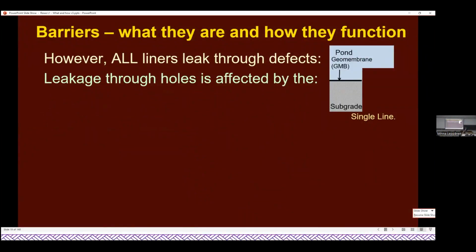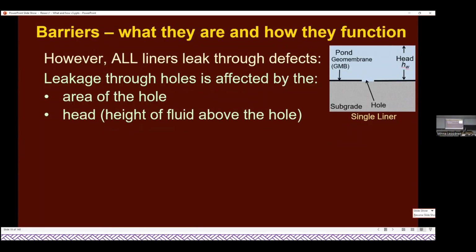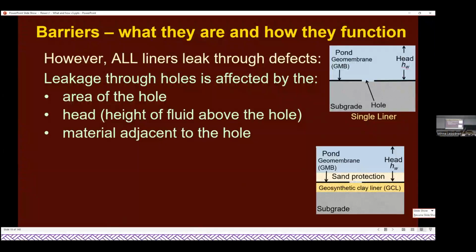So all liners leak, and they leak through holes, and that's affected by, of course, the area of the hole. It's affected by the head, the height of fluid trying to escape. It's affected by the material adjacent to the liner, and that can play an important role, as I will show you.